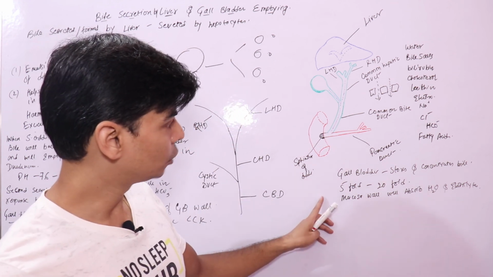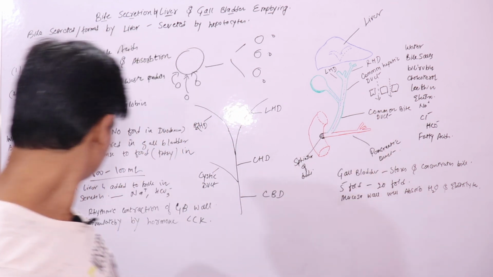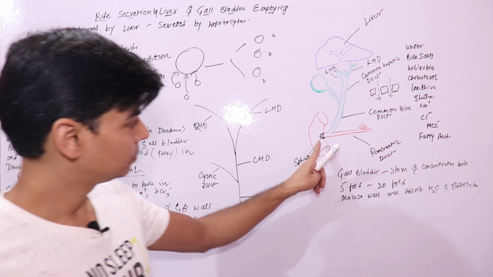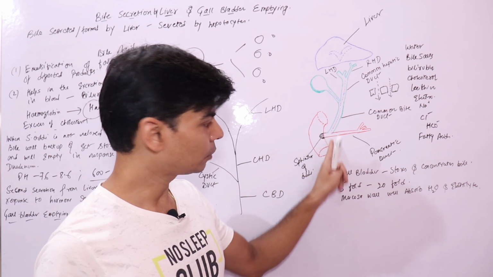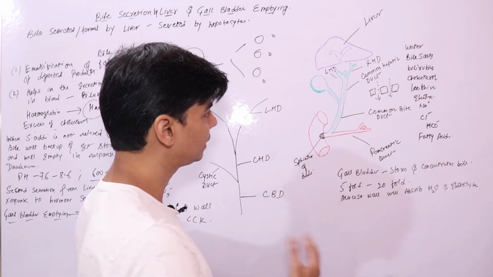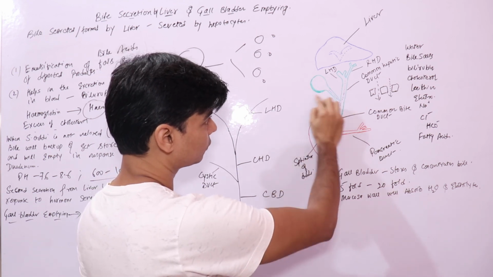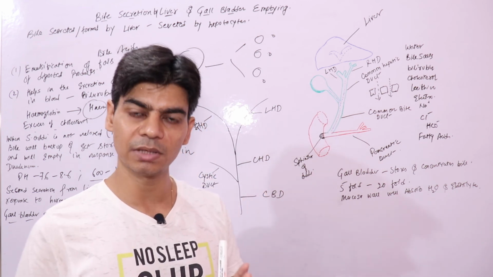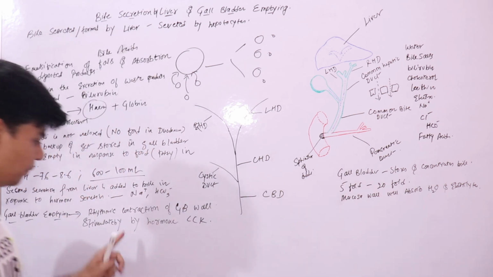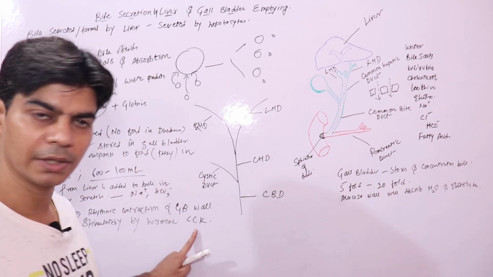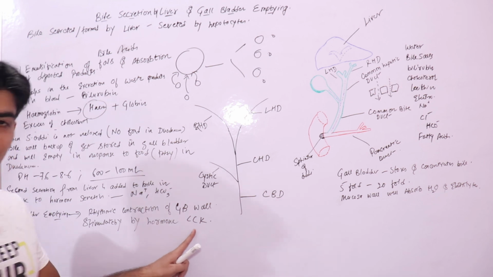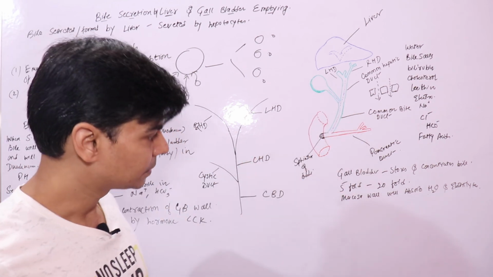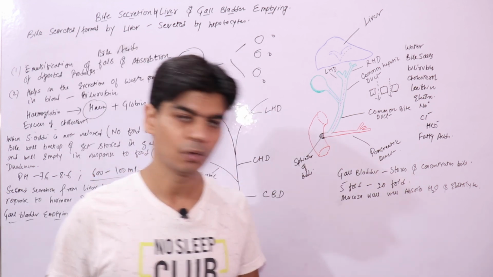Then we went through gallbladder emptying. When food reaches here, the sphincter of Oddi will open up, it relaxes. Then the wall of the gallbladder will start rhythmic contractions, which is stimulated by the hormone cholecystokinin, CCK, and to a lesser extent also by acetylcholine. So this is it. I hope this is clear.